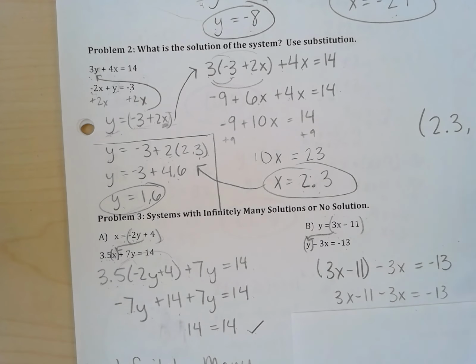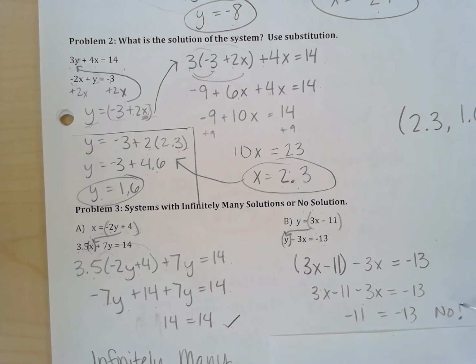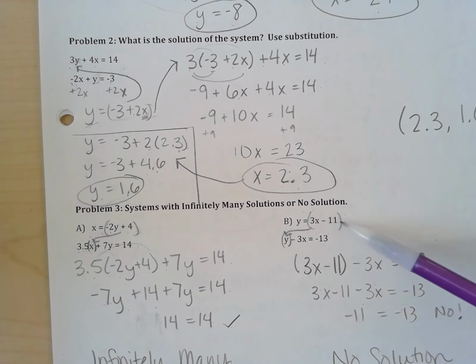Then I'm going to combine like terms. 3x minus 3x will be 0. So I get negative 11 equaling negative 13. This doesn't make sense. Negative 13 does not equal negative 11, not on any day. So this is going to be no solution. There is no combination of x's or y's that when you plug it in will work for both equations.